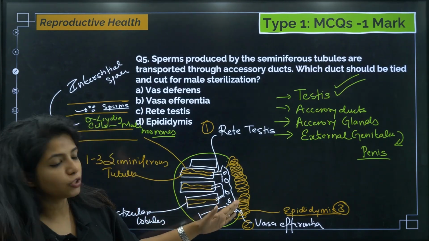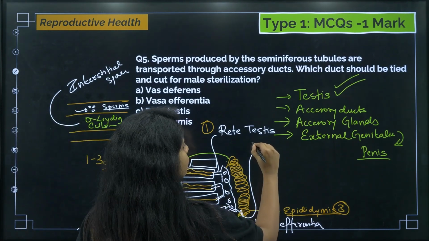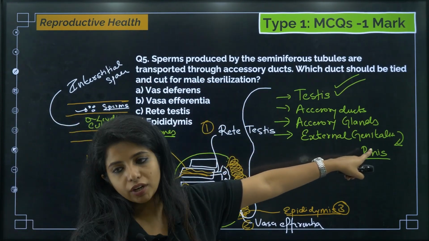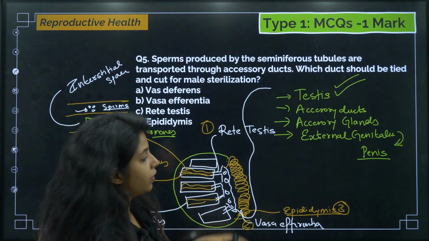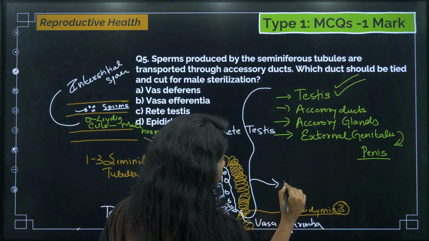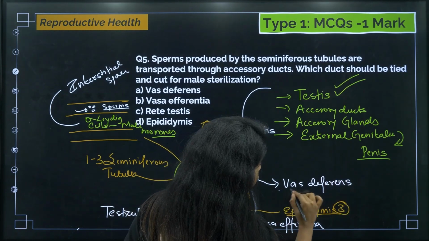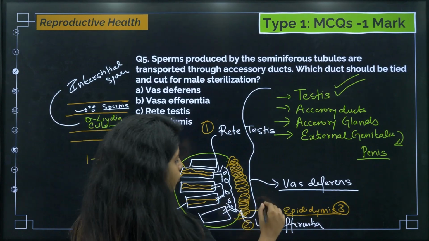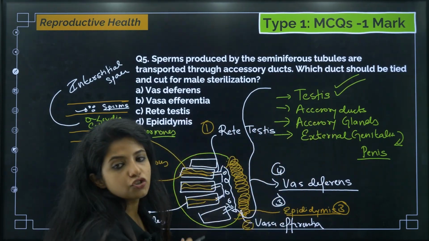So basically after maturation, the sperm goes out above to the urinary bladder region because it has to join to the external genitalia through which it has to go out. So this particular duct, this is the last duct that we are having over here, the accessory ducts, this is known as vas deferens. This is known as vas deferens, my dear children. So this is the fourth, this is the third, which carries everything to the external genitalia.